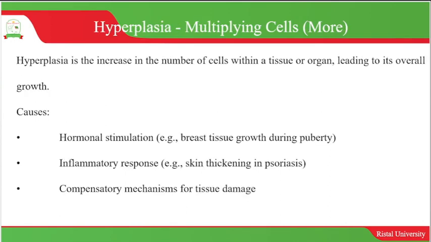So another mechanism or another process that these cells go through to adapt to the stressors and continue maintaining their functions is hyperplasia. So hyperplasia is the increase in the number of cells within a tissue or organ, leading to its overall growth.